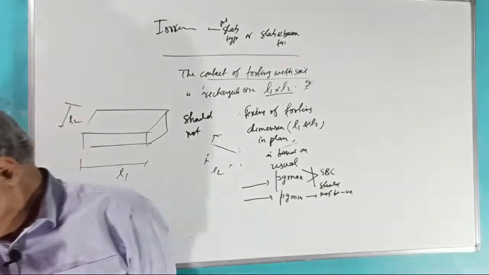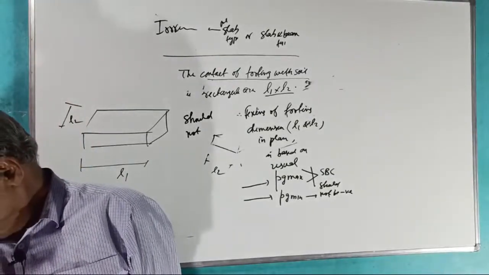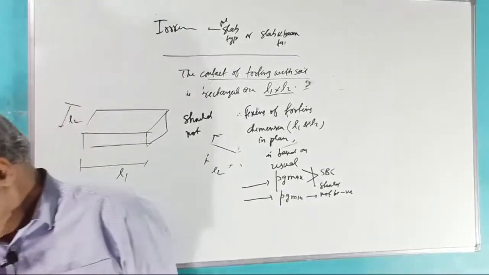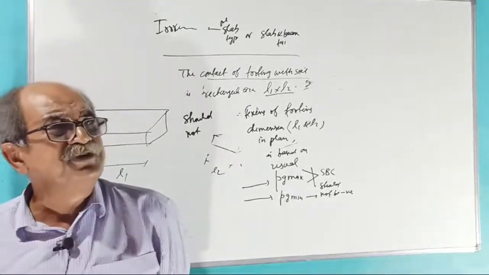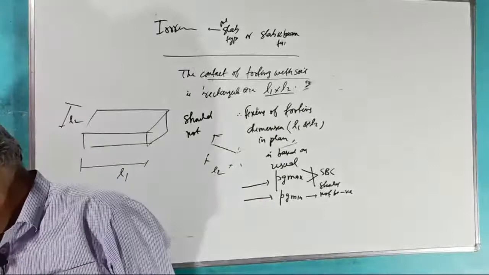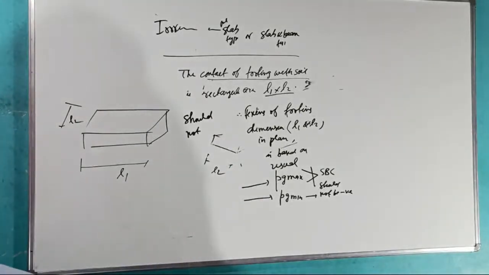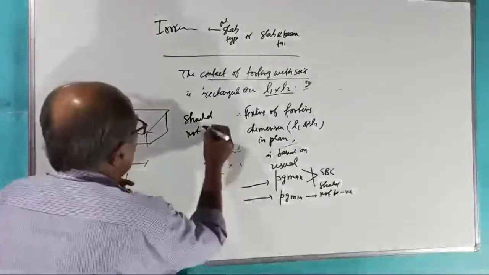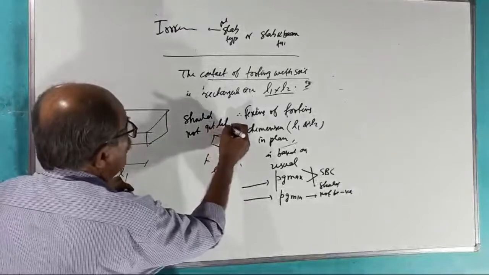Should not. As I told you, don't worry about positive negative. Should not. This much difficulty to give the answer. Should not get lifted up. Should not get lifted. That's all you want.